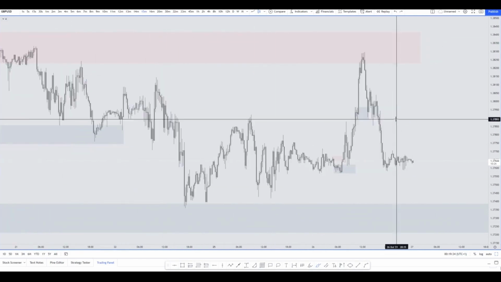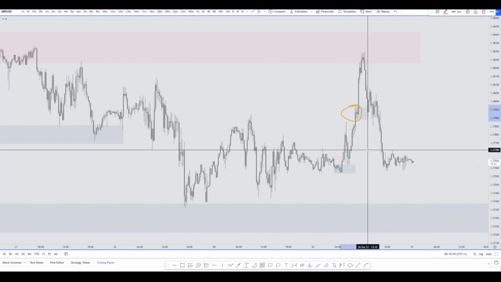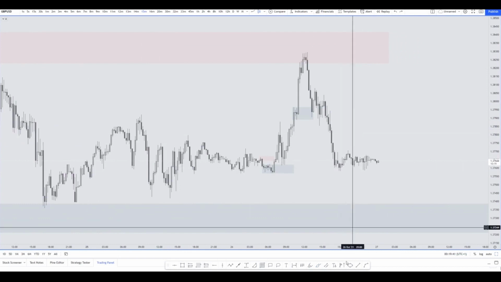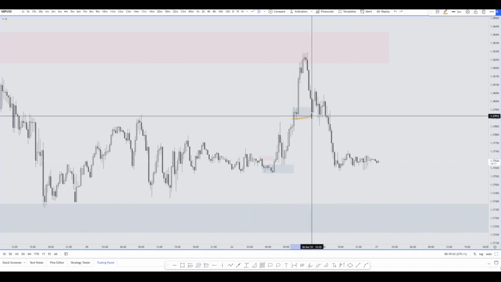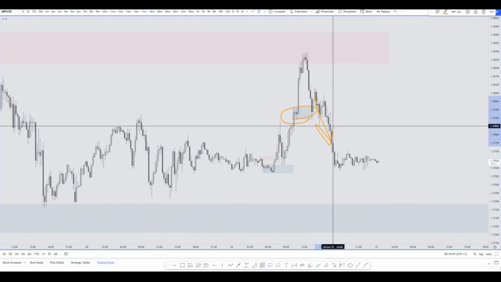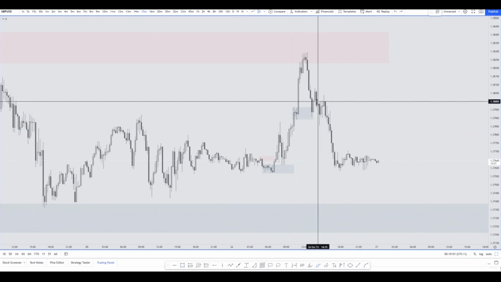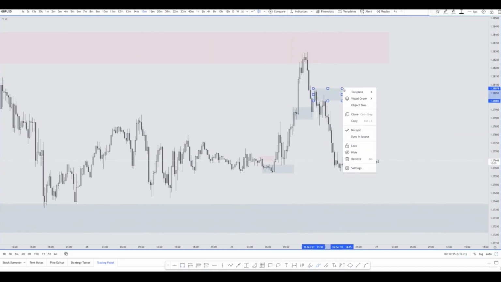So when we did come to it, it could have held, it could have not, but the second you see a flip zone and this demand zone lets go, you could start building a narrative that this may continue on down. And that's ultimately what we look at the market as, that either supply or demand is in control.